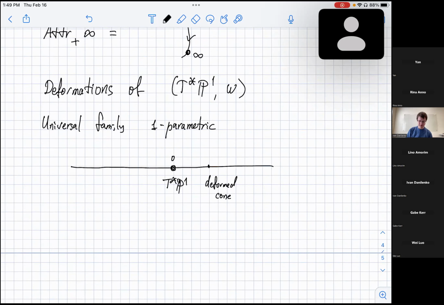Okay, so the Nakajima quiver variety description of T star P1 would be to take the quiver of this form, and then you take the preimage of 0.